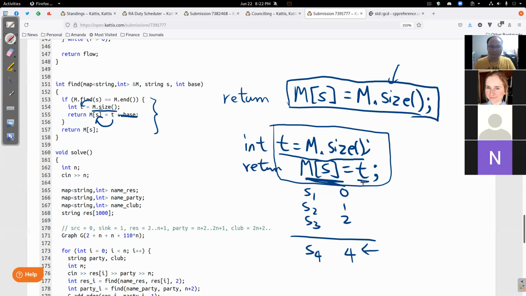Does that make sense? Wait, the size went to 4? Yeah, well, if you use this, it'll be 3. Okay, so whatever you answered, you have not impressed me yet. You have impressed me somewhat, but I'm not fully impressed yet.